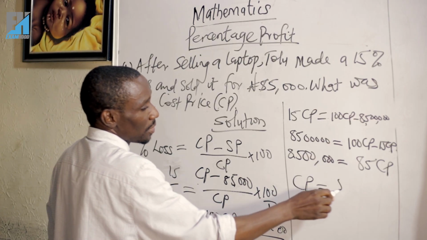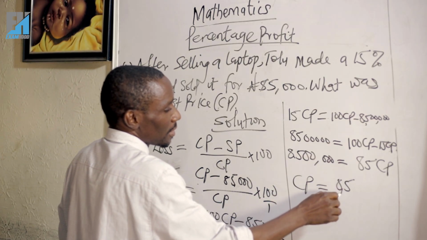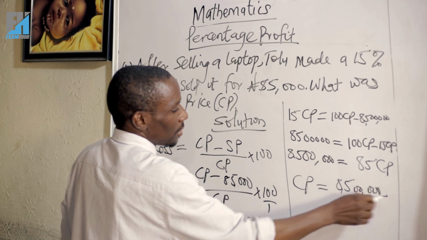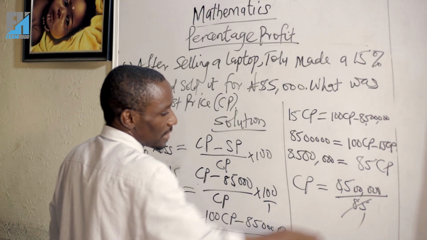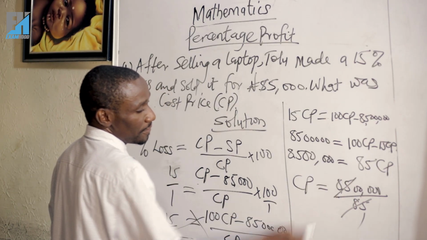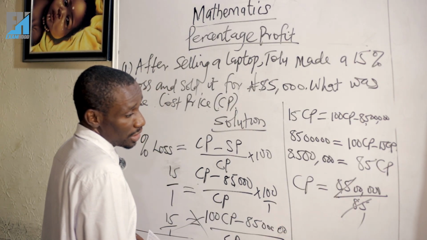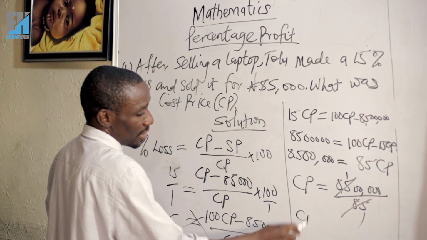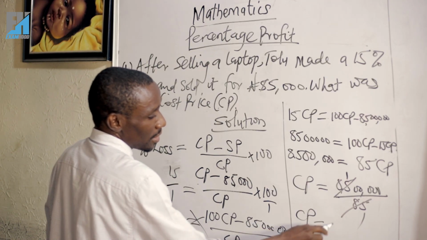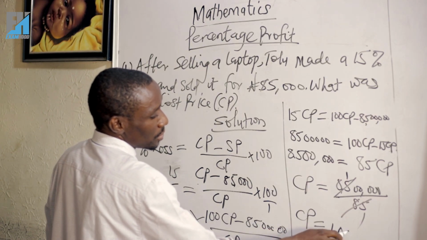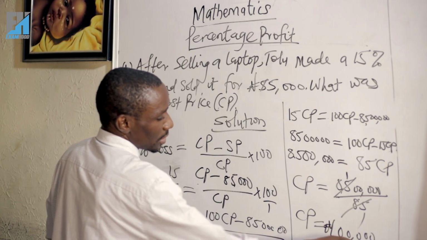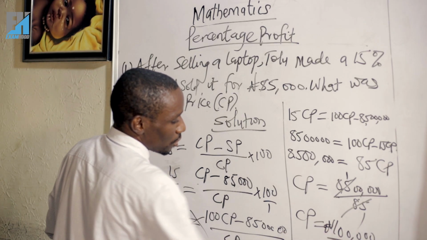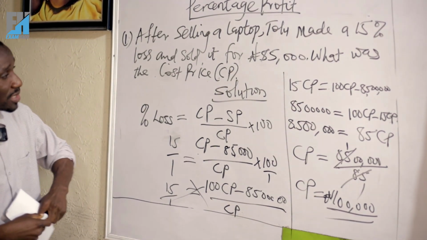CP is equal to 8,500,000 over 85. 85 into itself one time, and 85 into 85 gives one time. So the cost price is 100,000 naira. That is your cost price according to this question.